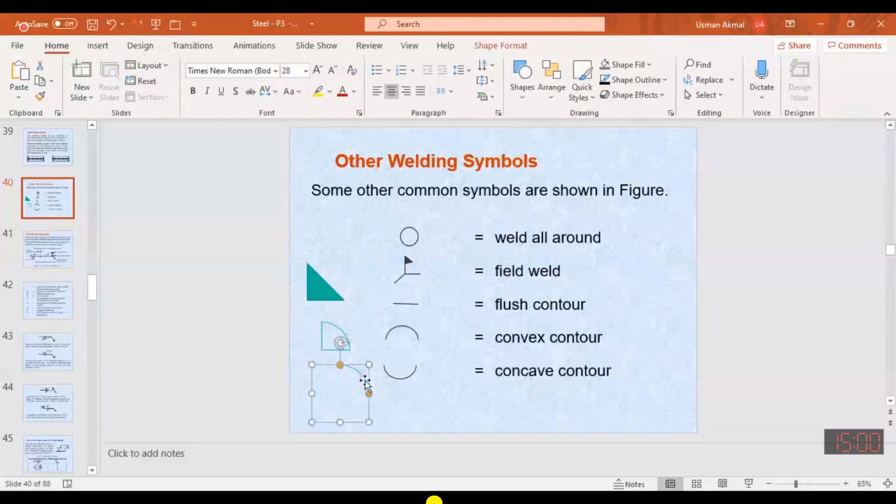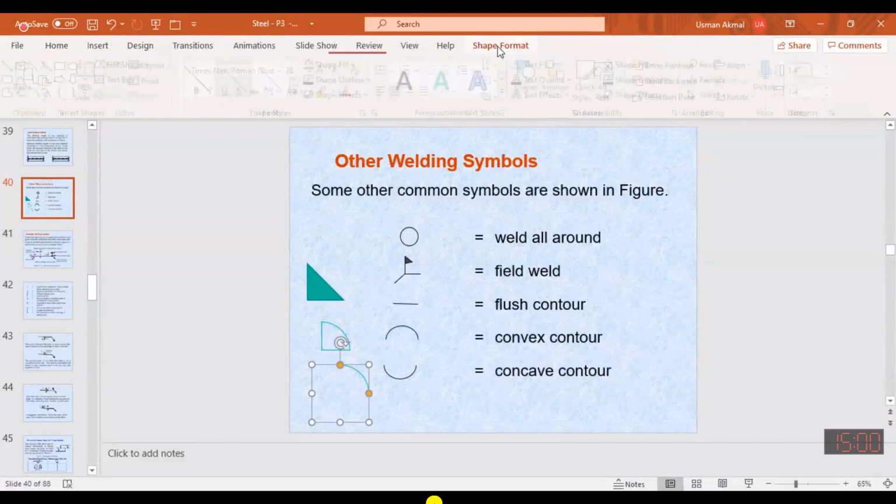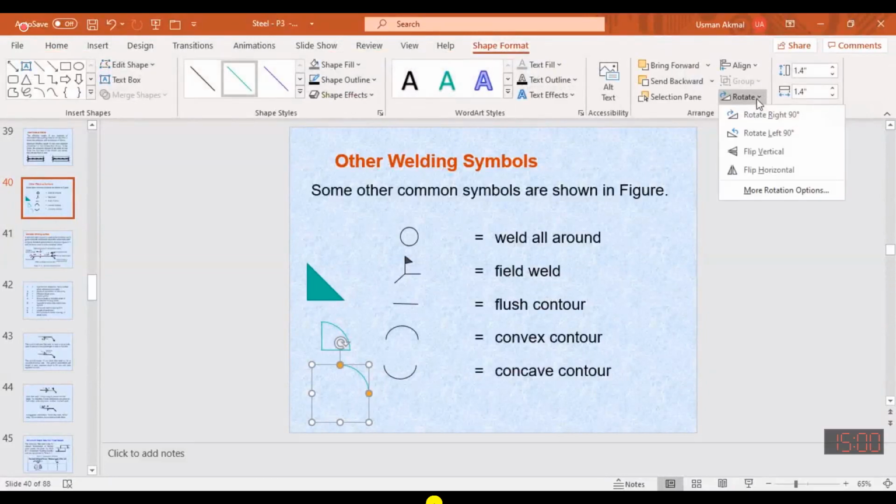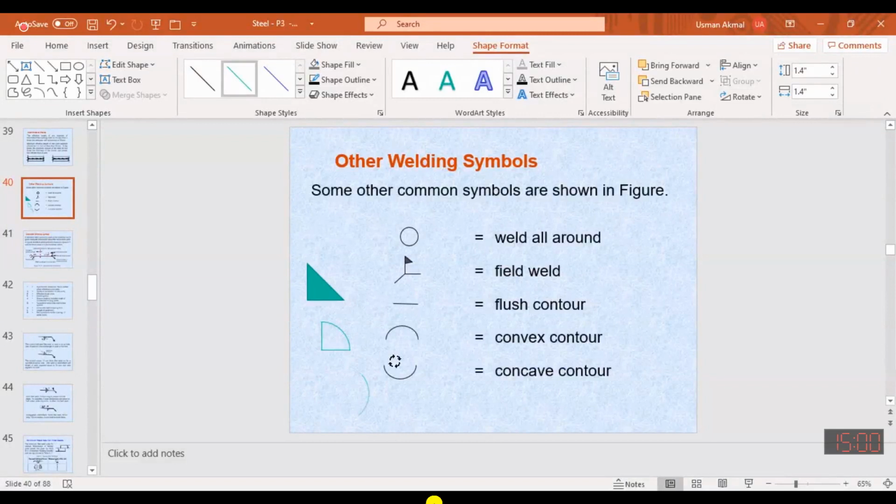So you may have this contour flush on the inside.